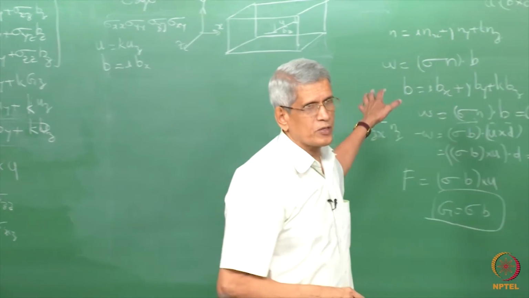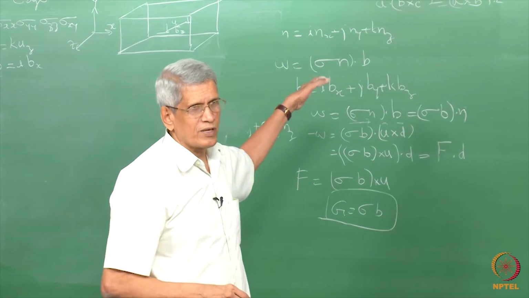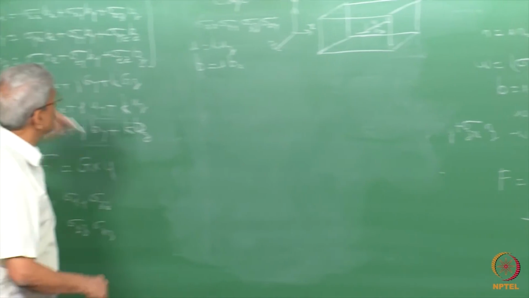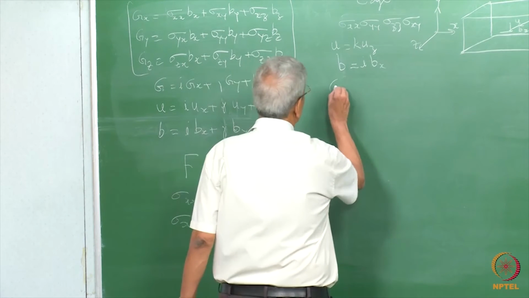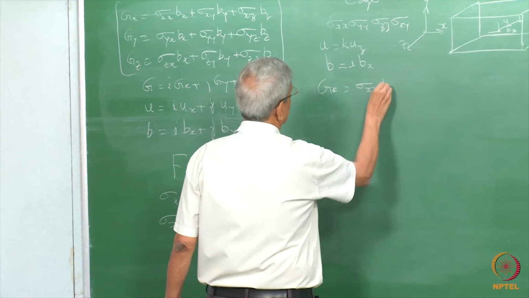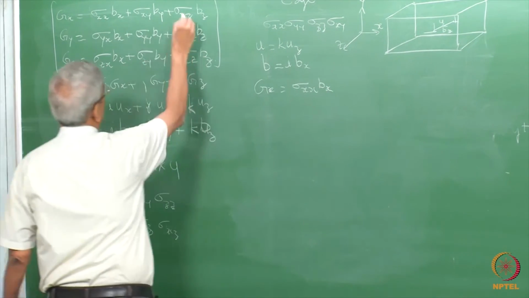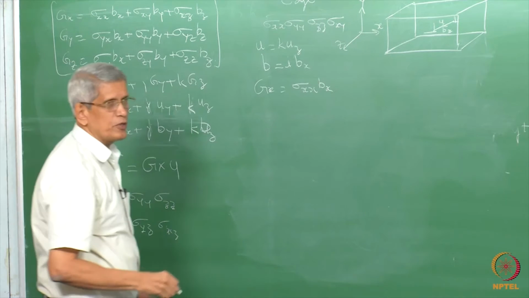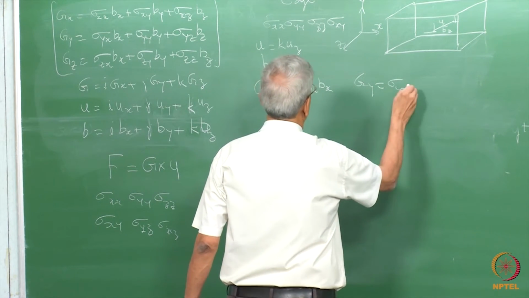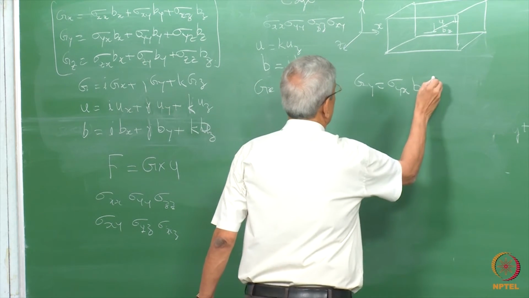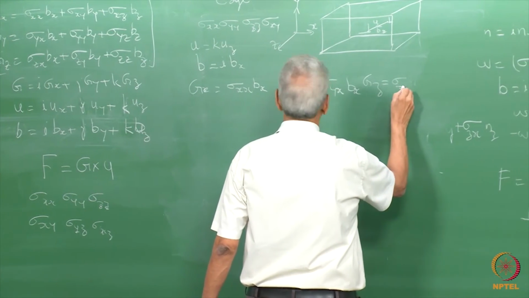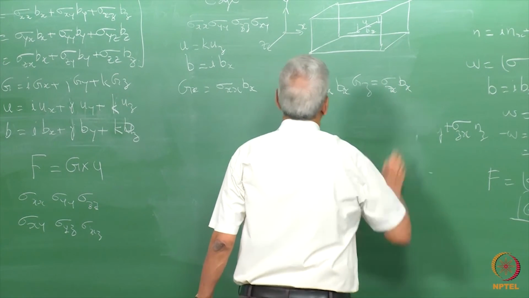Now let us derive an expression for these stresses. What is going to be the Peach-Koehler force? If we look at this, we will find that Gx will be equal to sigma xx into bx, because all other components will turn out to be 0, correct? Gy will be equal to sigma yx into bx, and Gz will be equal to sigma zx into bx, correct?